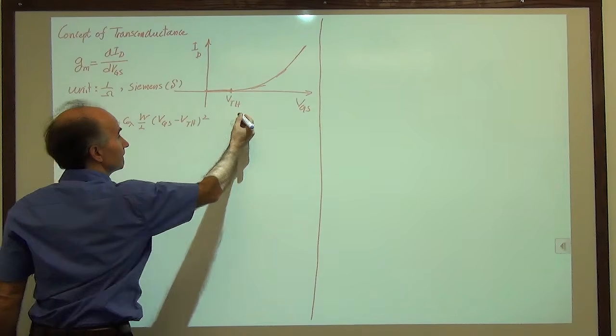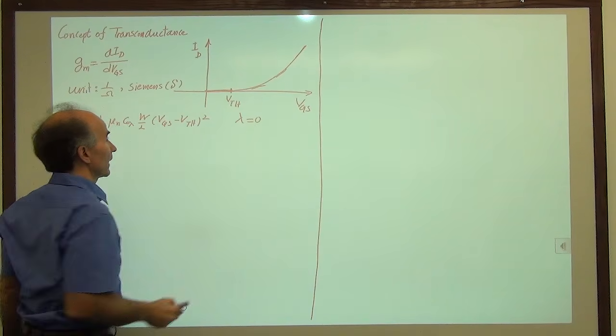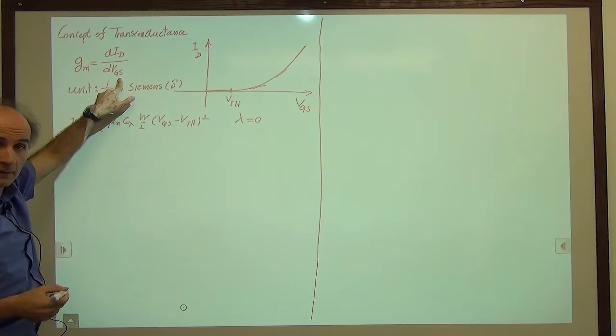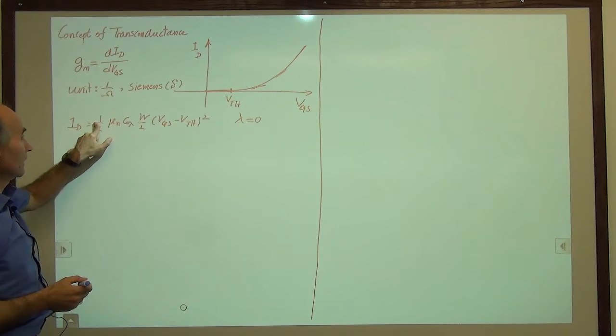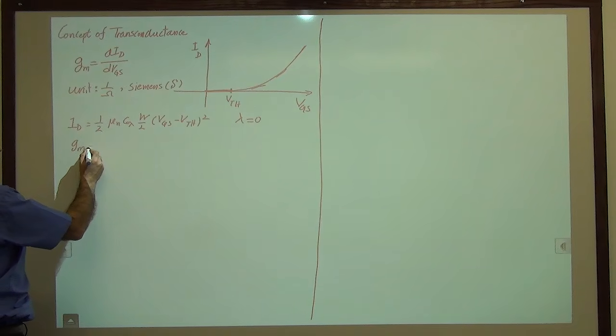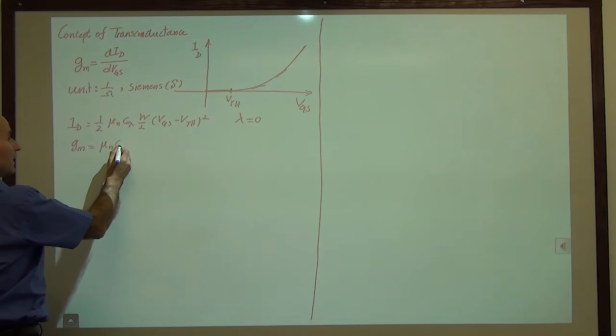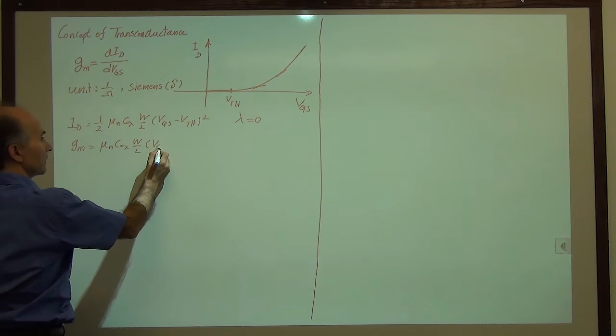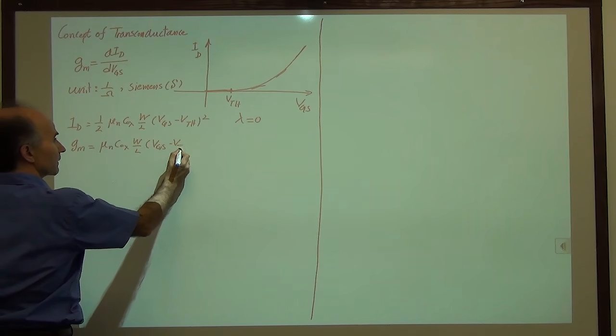Again, lambda is 0. And we just need to take the derivative of both sides with respect to VGS. That's easy, right? The 2 cancels this, and we end up with GM equal to mu n C ox W over L times (VGS minus VTH).